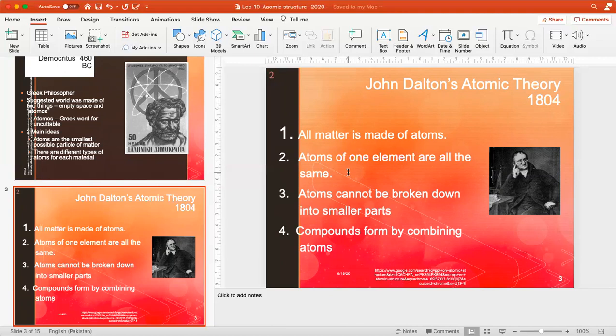For example, the atoms of gold are the same, the atoms of silver are the same, but the atoms of gold and silver are different from one another. Atoms cannot be broken down into smaller parts, same definitions, and compounds are formed by combining atoms. So these are the main points of John Dalton's atomic theory, 1804.